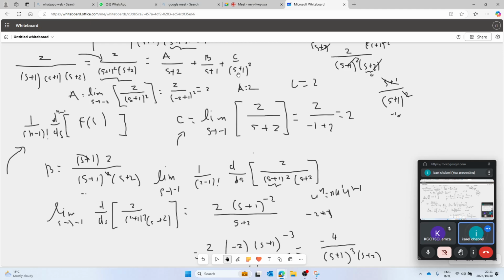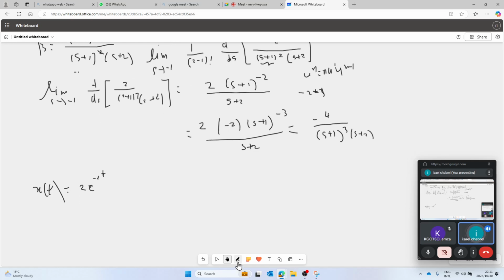Which formula is it? Okay, we have the formula that says T to the n exponential bt gives n factorial over s minus b to the n plus 1. Okay, it is n plus 1.